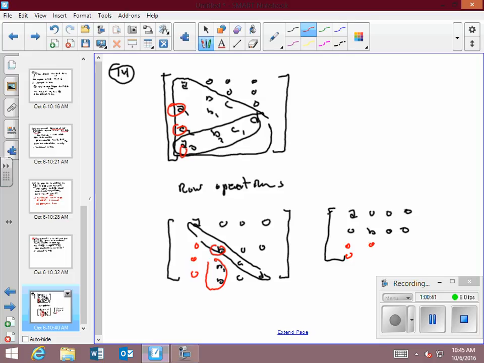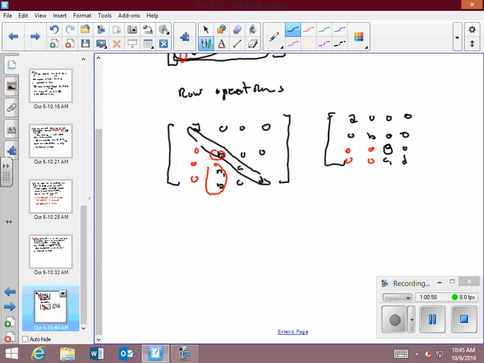And we can get the rest of this column in zeros. And then we'll have a C, C1, and a D. And likewise, we can use this C right here to change that one below it. So then we'd have an A, 0, 0, 0, 0, B, 0, 0, 0, 0, C, 0, and 0, 0, 0, D.